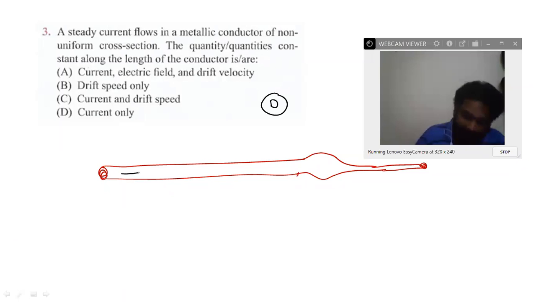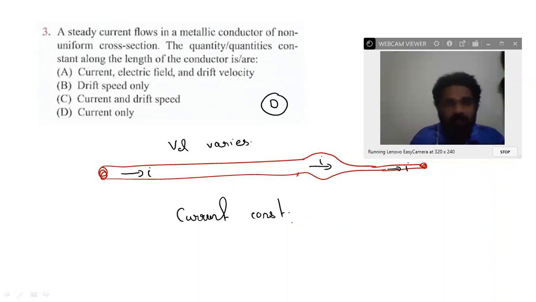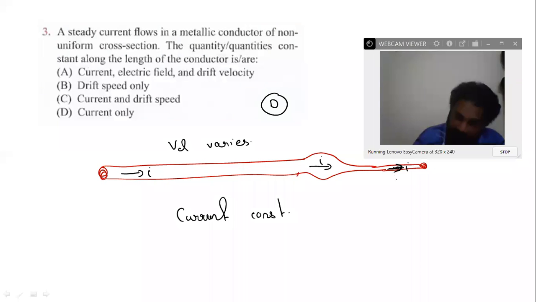See, here current will be there if the area of cross section is more or if it is less also, current is going to be constant. The difference will be that drift velocity varies. Wherever it is a narrow place, drift velocity will be more, and here drift velocity will be less.